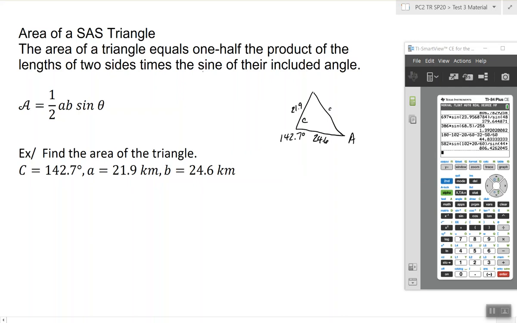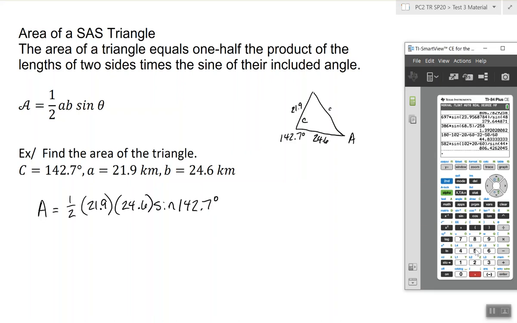Using the generic form of that formula, the area of the triangle is going to be 1/2 of the sides multiplied together times the sine of their included angle. This is the angle that those two sides make, their included angle. So it's actually quite quick. We'll say the area is 1/2 times a times b times the sine of their included angle, 142.7 degrees.